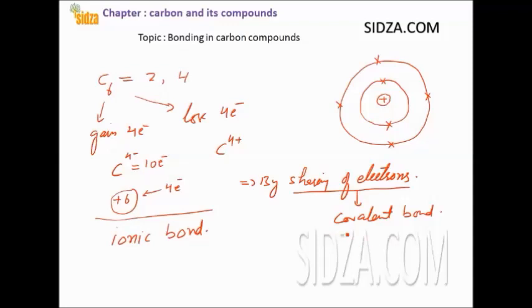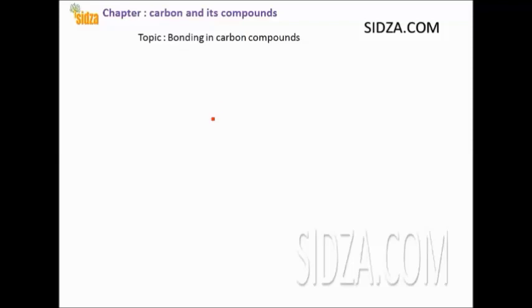Let's discuss a little bit more about covalent bonds. A covalent bond, as I said, is formed by the sharing of electrons. Let's take a simple case of the hydrogen molecule H2. A hydrogen atom with atomic number 1 has electronic configuration 1 in the K shell, the first shell.